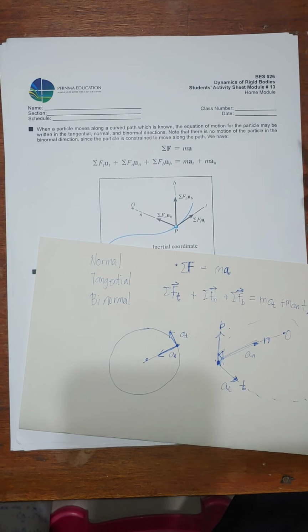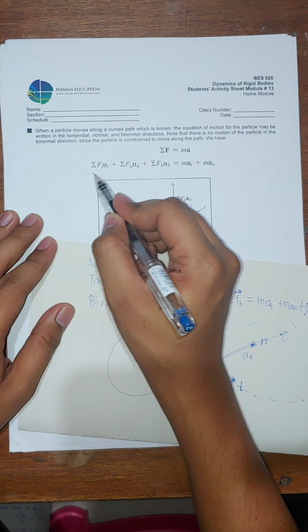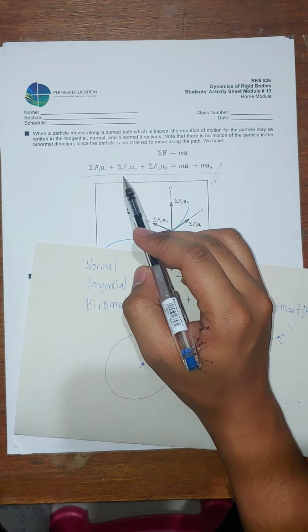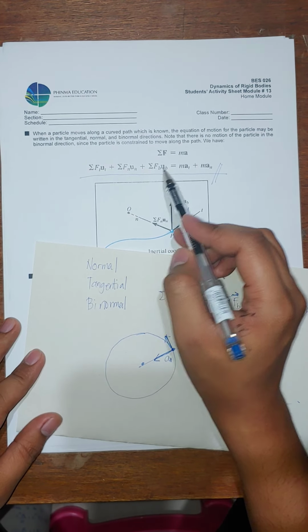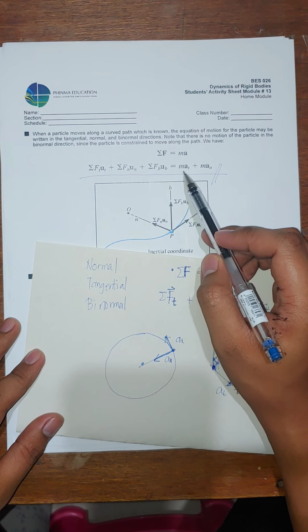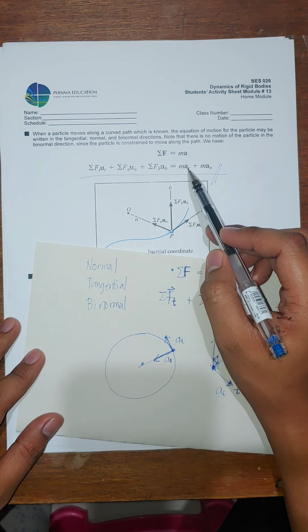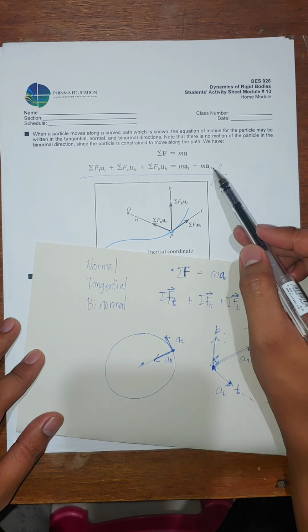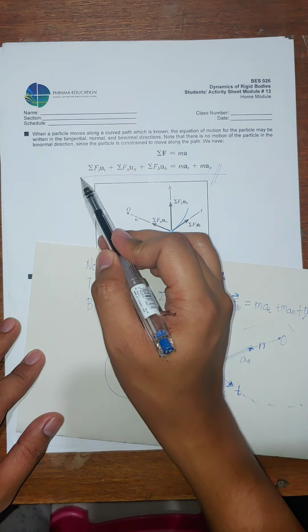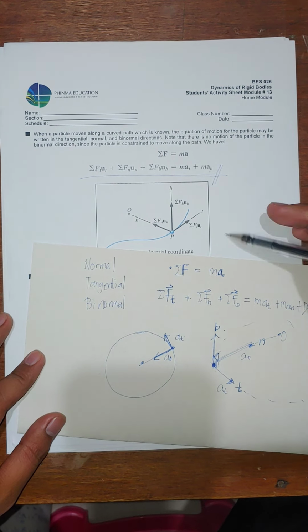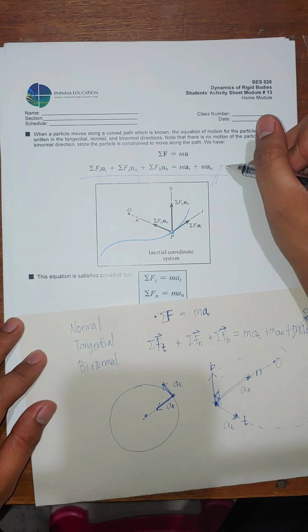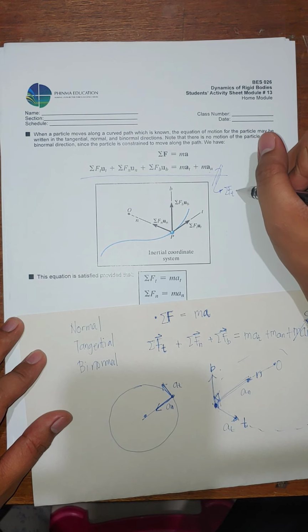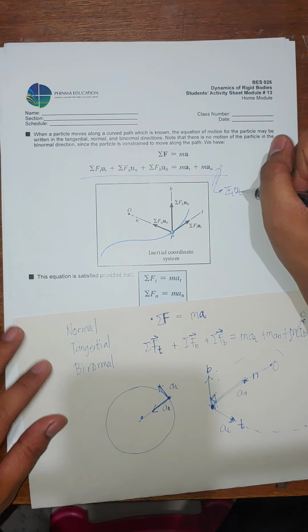So we can sum the summation of force along the tangential plus summation of forces along n and summation of forces along the binormal axis is equal to the mass times the acceleration of the tangential and then the normal component. So mao gyud ni siya ang mahitabo. So 0 man ang binormal. Actually, we can further simplify this like this: summation of forces along the tangential with the unit vector u sub t.